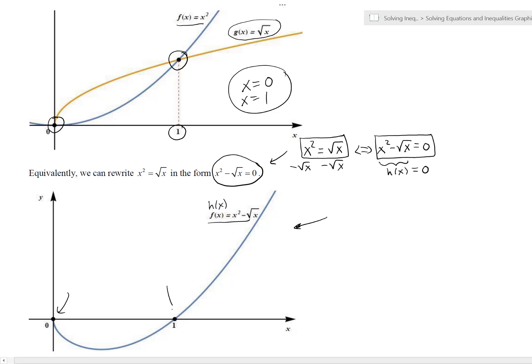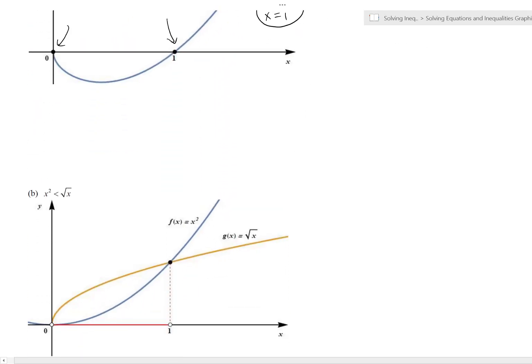It intersects the x-axis, hence when the function equals 0, at the exact same x values as above. x is 0 and x is 1. Those are our solutions. And in any given situation, when we're trying to solve an equation or inequality graphically, we can always choose to move all the terms to one side and see where it equals 0, or above or below the x-axis, depending on what we're asked.